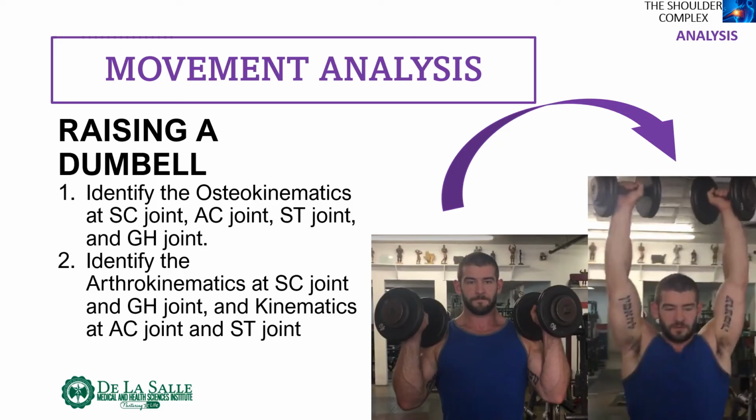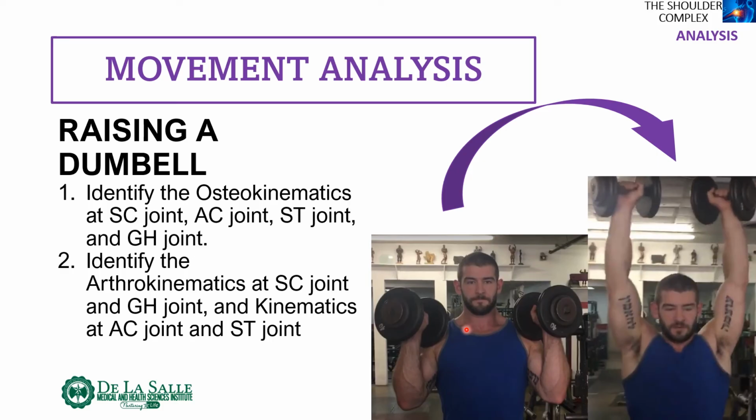Next, let's analyze when a person raises a dumbbell, just like in the picture. So first, identify the osteokinematics at the sternoclavicular joint, acromioclavicular joint, scapulothoracic joint, and glenohumeral joint, and identify the arthrokinematics at the SC joint and GH joint, and kinematics at the AC joint and ST joint. Okay, so for the osteokinematics at the sternoclavicular joint, what happens during shoulder flexion?